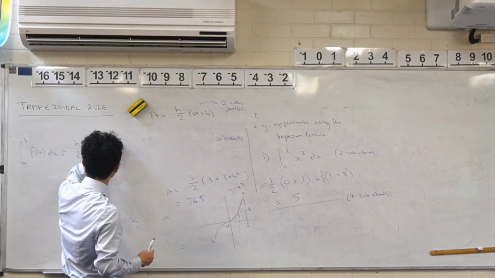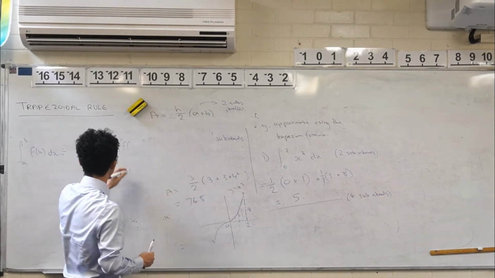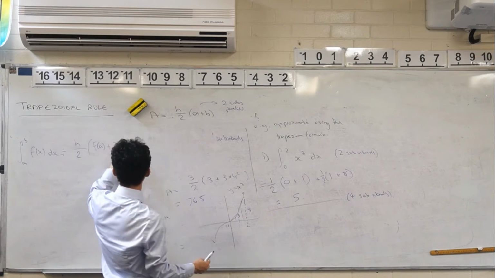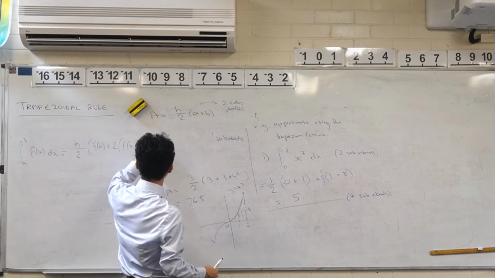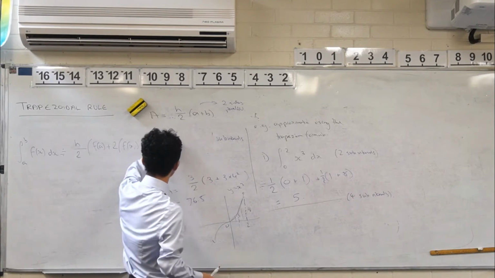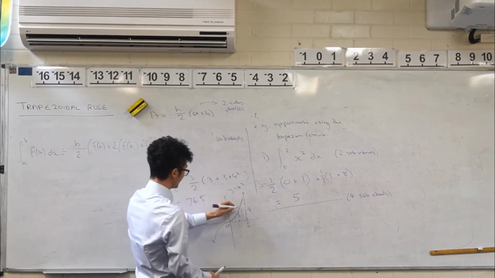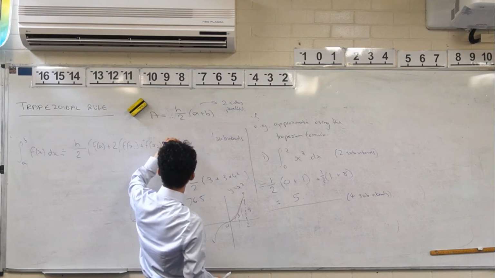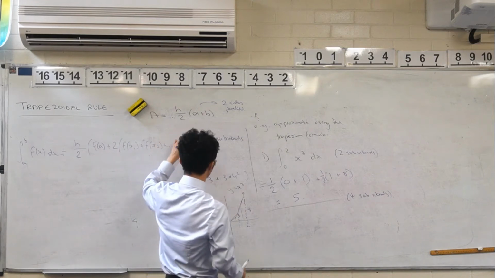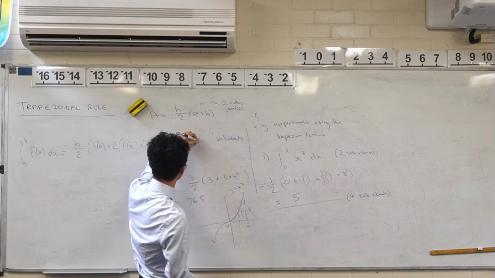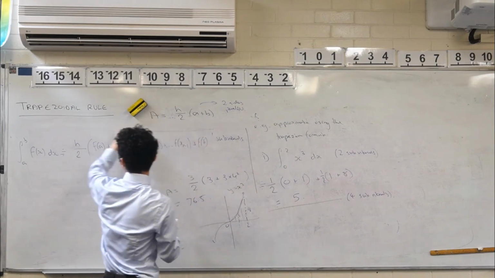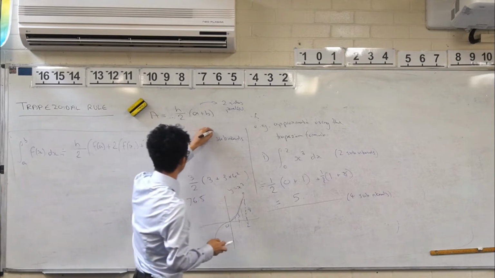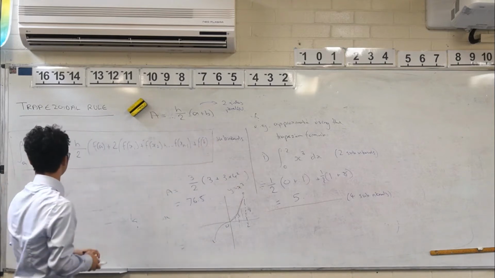So it's 2 times f of, we'll call this the first point there, afterwards would be x1, plus f of x2. And we say up to whatever the second last one is, we'll call that f of x n minus 1. And we have this last one over here, we'll call that f of b. So this is the formal trapezoidal rule here, right?